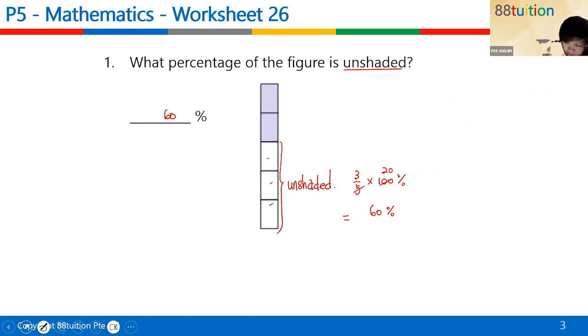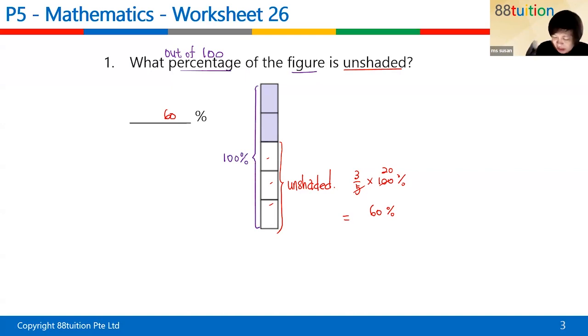What do you understand from the word percent? That means if you express this as a percentage, which is 100%, which is 100 out of 100, what will the portion be? For example, this particular diagram here, this figure is unshaded. When this is the total, this one must be 100%, right?